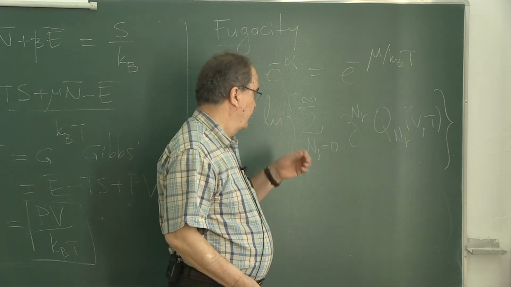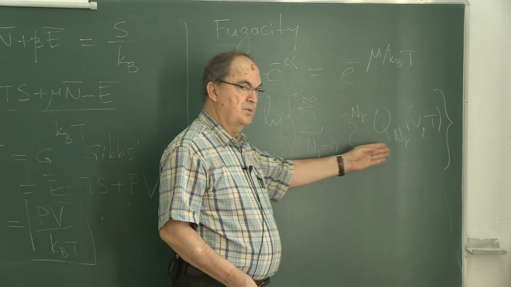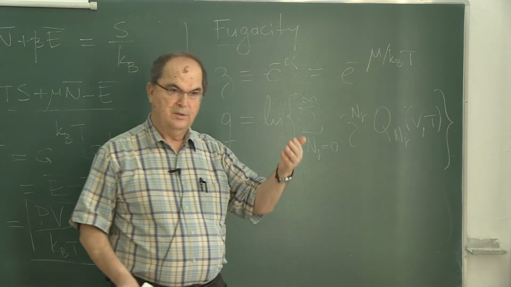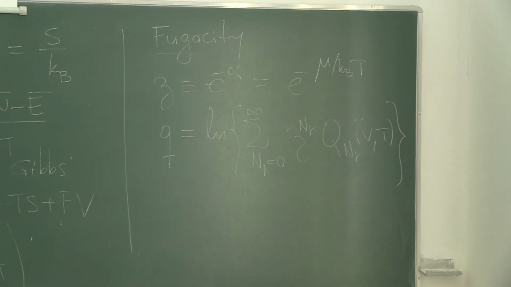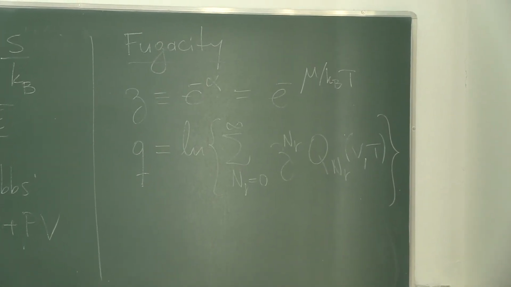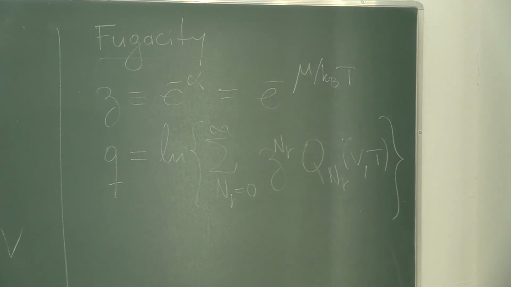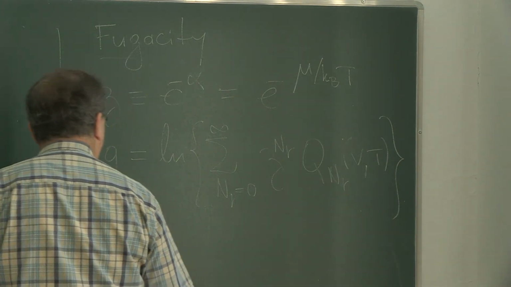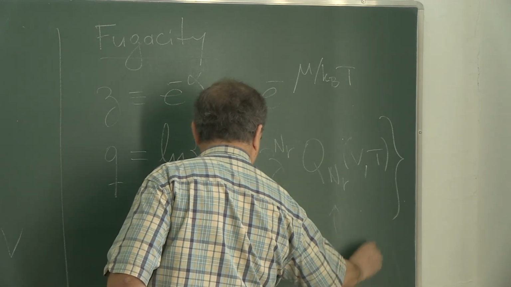So it is a sum over particle number, z to the n, Q_n. Canonical partition function gives us the grand canonical partition function. So you have to do a little bit more after you do the canonical calculation. Okay. A more complicated ensemble in that sense. And of course, remember, Q_0 is 1.